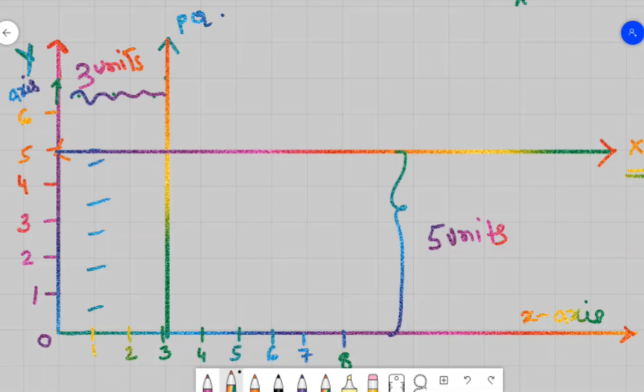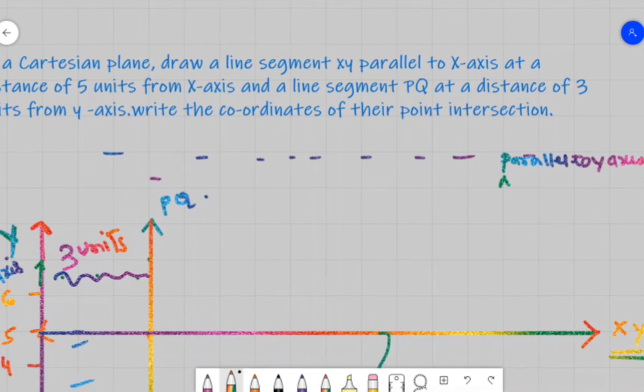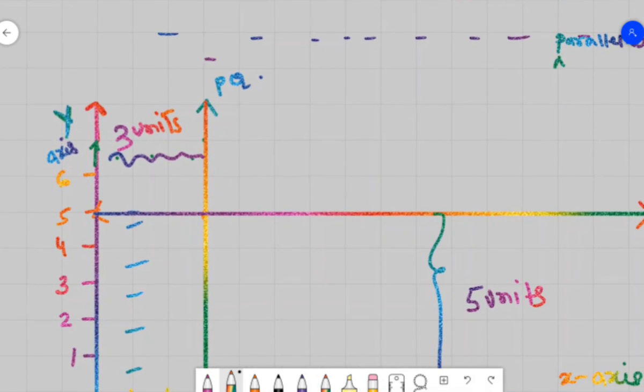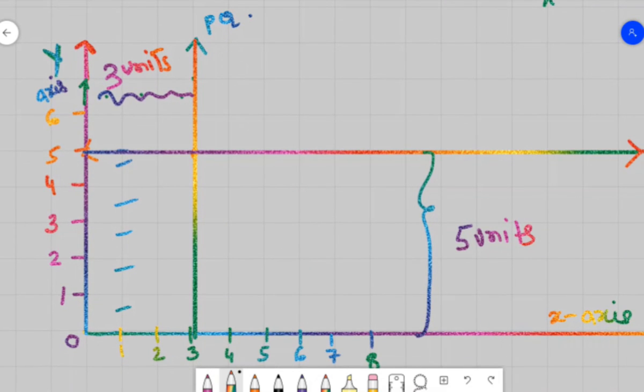Now what has been asked? Write the coordinates of their point of intersection. Now what is the point of intersection? See, this is the point of intersection. So from x it is 3 and from y it is 5.